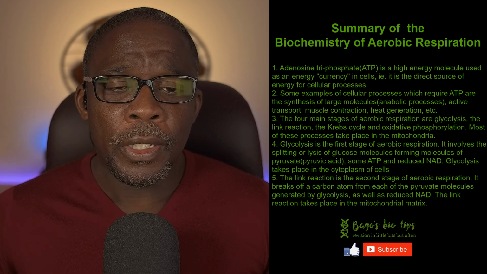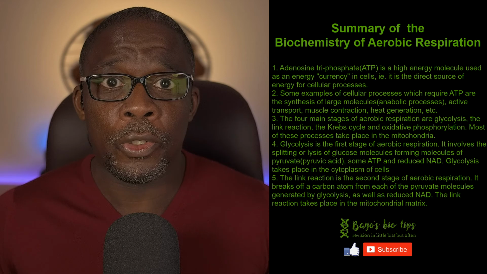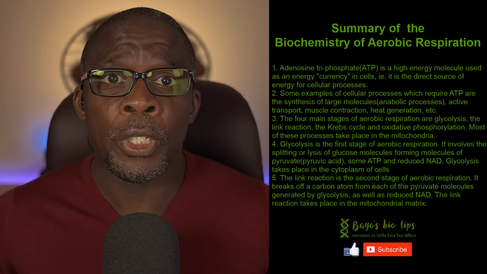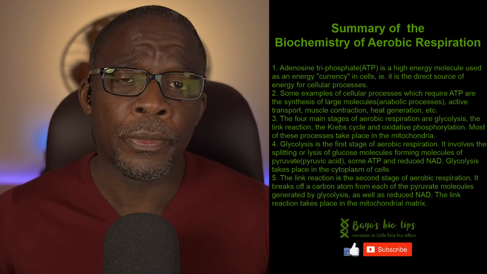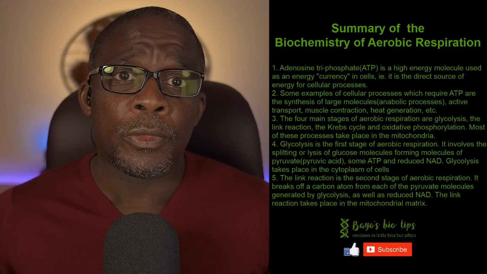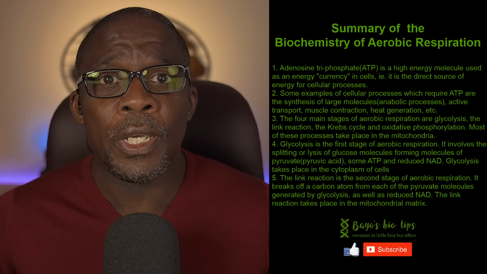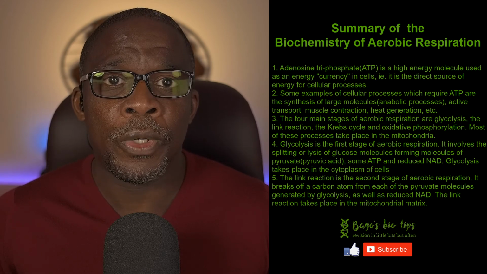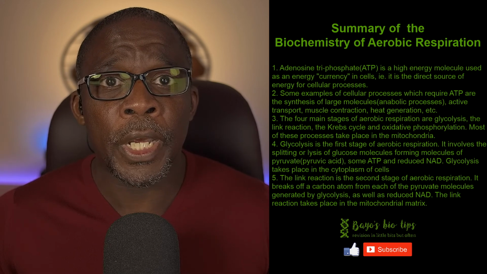And then the next stage we looked at, which finished off the main body of this video, was the link reaction. And the link reaction, as the name suggests, is actually the link between glycolysis and the next step, which is called the Krebs cycle. What is the point of the link reaction?